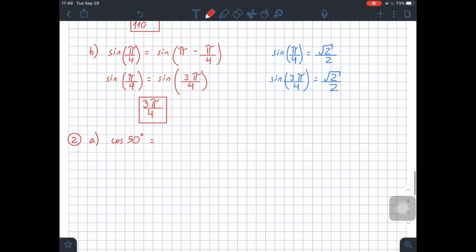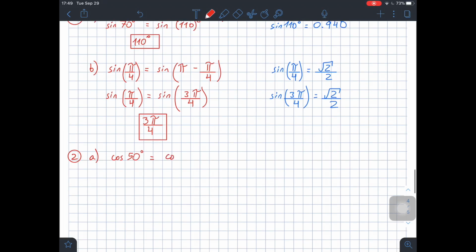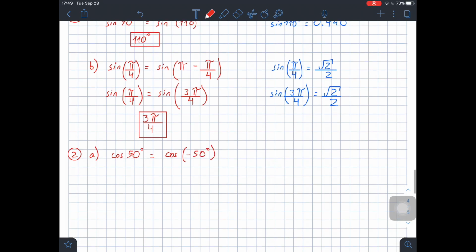So to find the angle in the fourth quadrant, the rule is that I need to write this as negative 50 degrees, okay? And this is the same as saying cosine of a complete rotation, which is 360 degrees, minus 50 degrees.